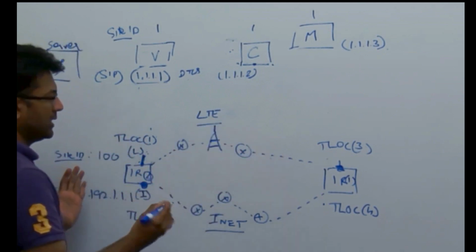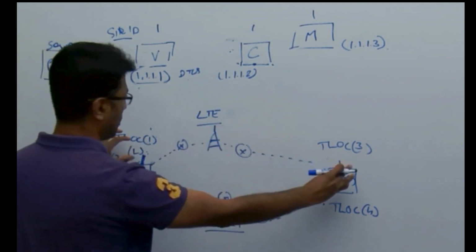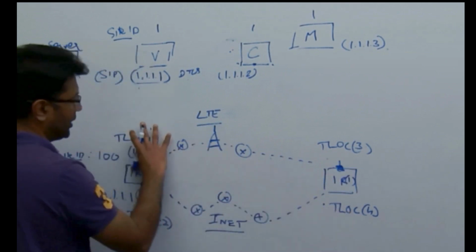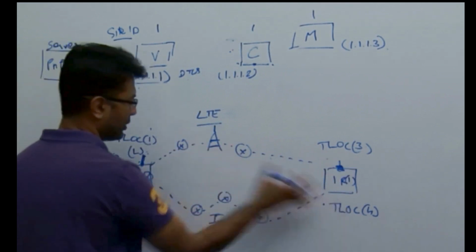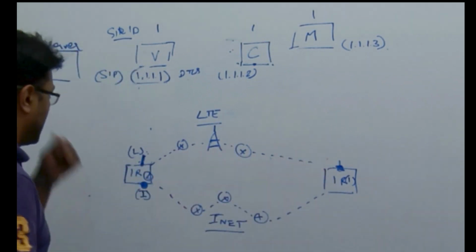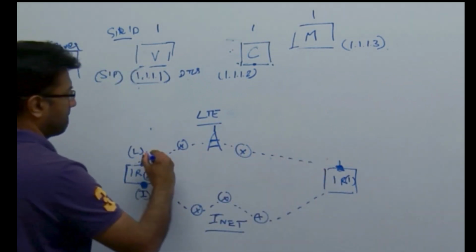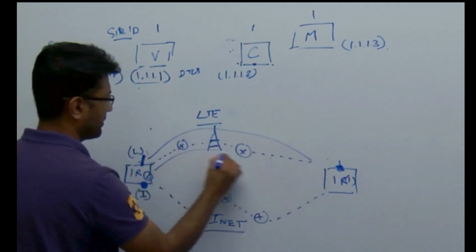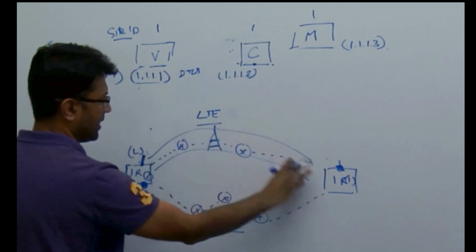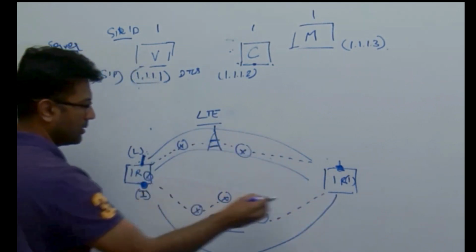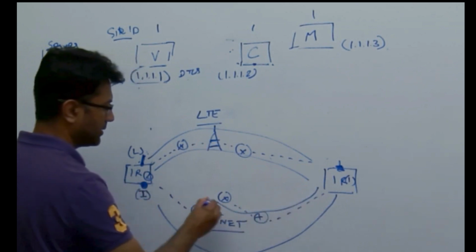So we have the T-locks now, and now we have the keys. So at this point, we have reachability between T-lock 1 and 3 and T-lock 2 and 4. We may also have reachability between T-lock 1 and 4 and T-lock 2 and 3, right? At this point, we are going to build an IPsec tunnel between IR1 and 2 over the LTE T-locks.